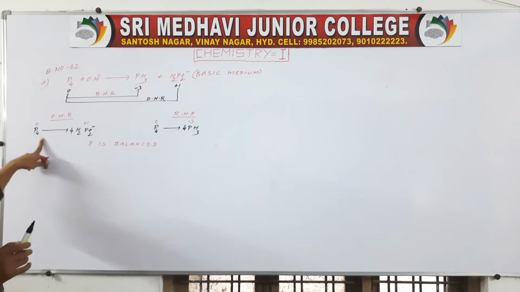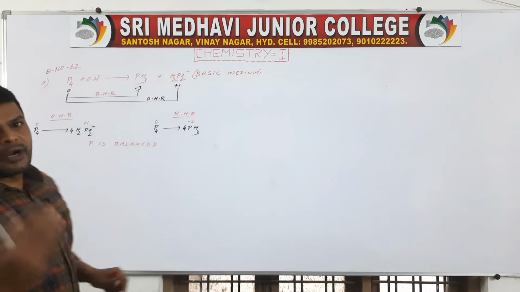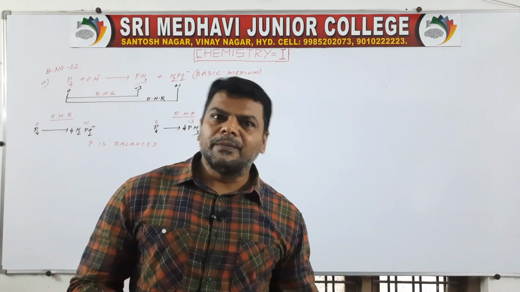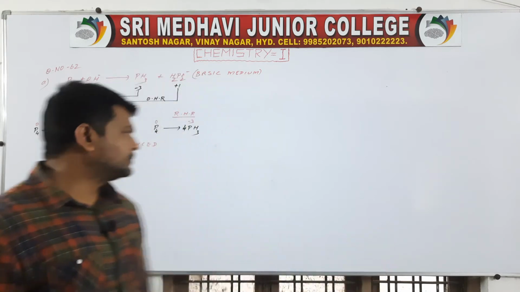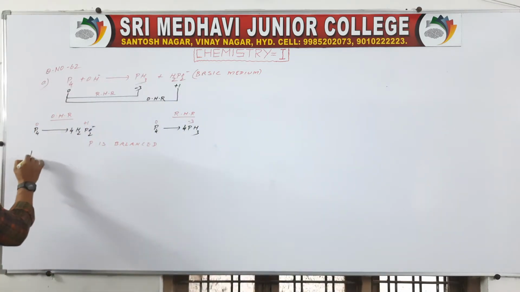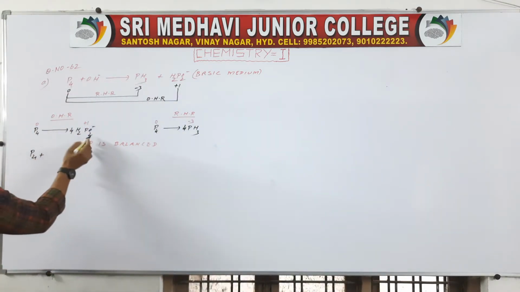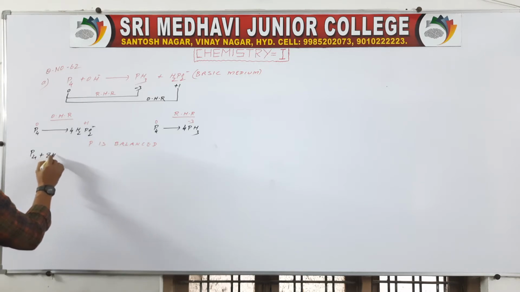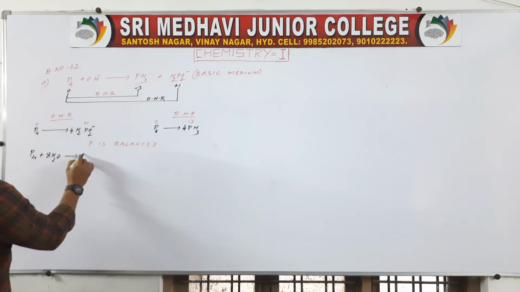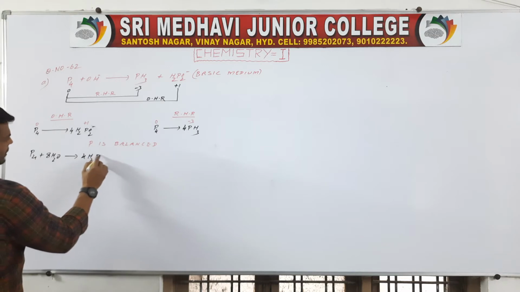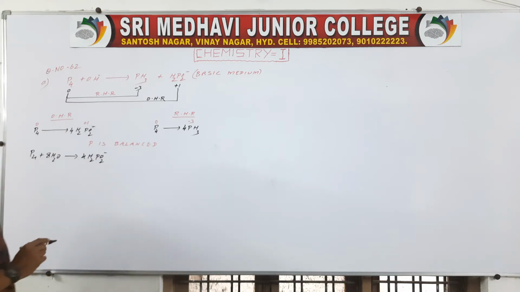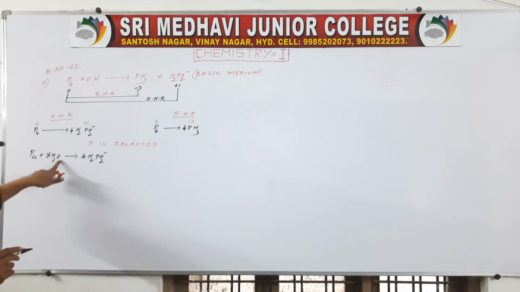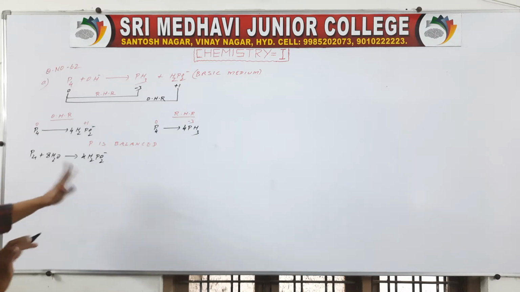For balancing oxygens, we have to add water molecules; in acidic medium or basic medium it is the same. Then P4 plus 8 H2O gives rise to 4 H2PO2 minus. 4 2s are 8 oxygens, 8 1s are 8.